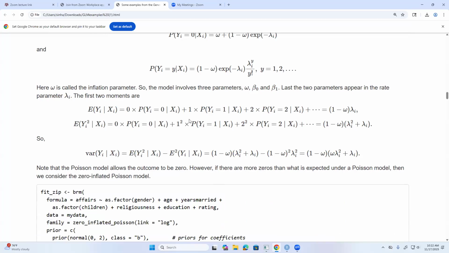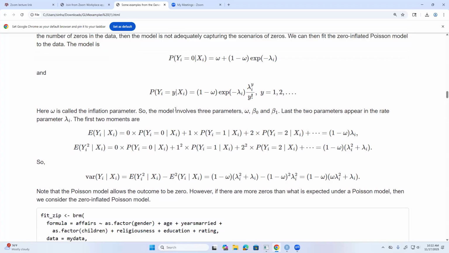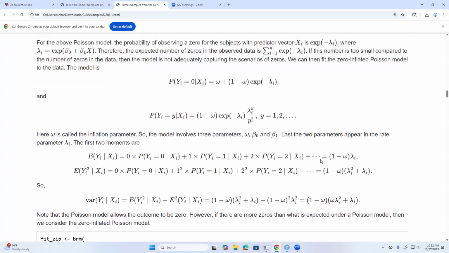In the last lecture, I talked about this expectation of yi given xi under the zero inflated model. What you found is that it is equal to 1 minus omega times lambda i. Omega is the inflation parameter. It gives you more weight than the regular Poisson distribution.